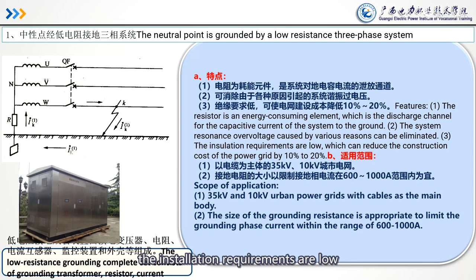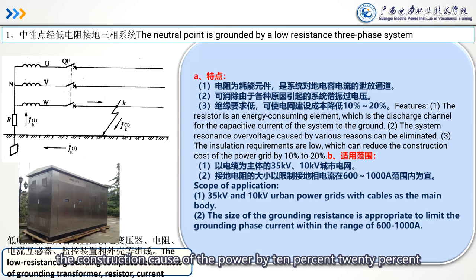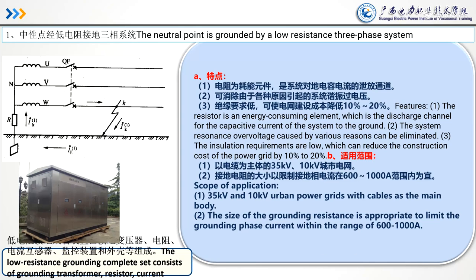The installation requirements are low, which can reduce the construction cost of the power grid by 10% to 20%. The scope of this is 35 kilovolts and 10 kilovolts, urban power grids with cables as the main body. The size of the grounding resistance is appropriate to limit the grounding phase current within the range of 600 to 1000.